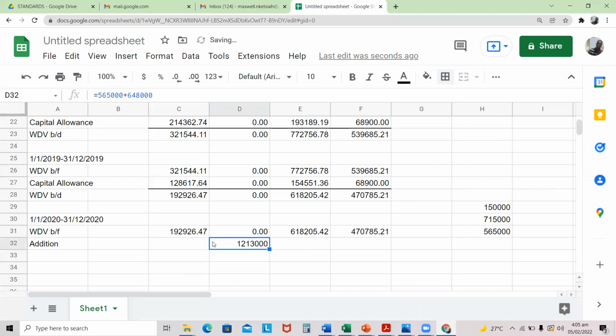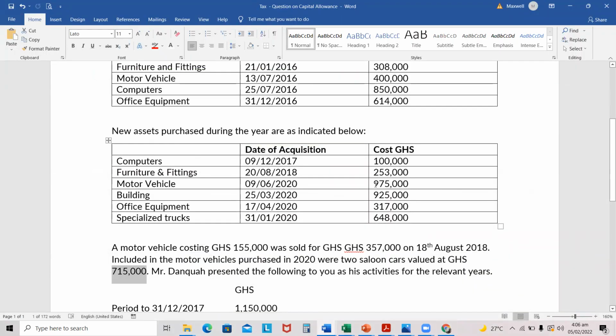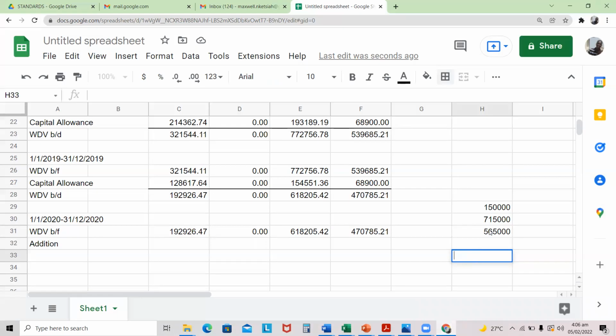Okay, let me see something. No, the total amount of the motor vehicles was 975,000. Okay, so 975,000.